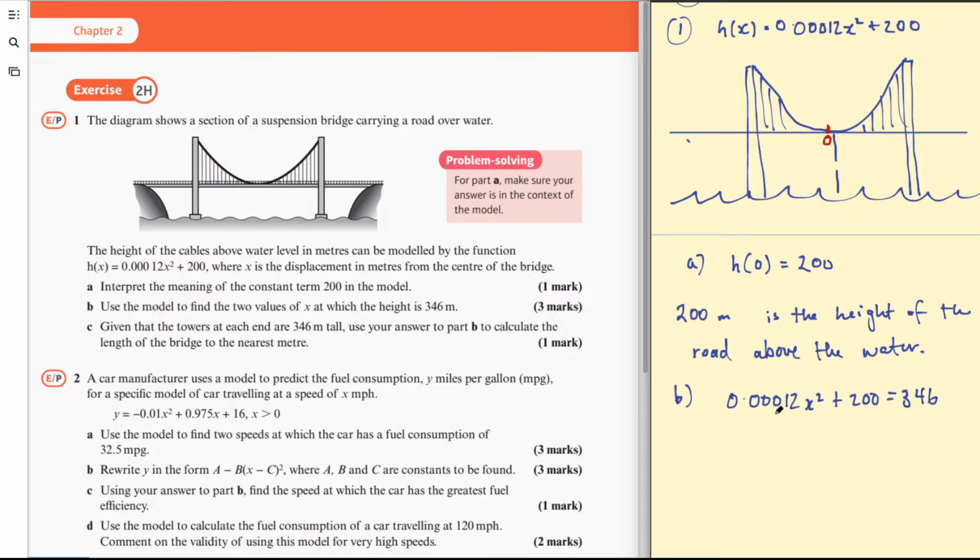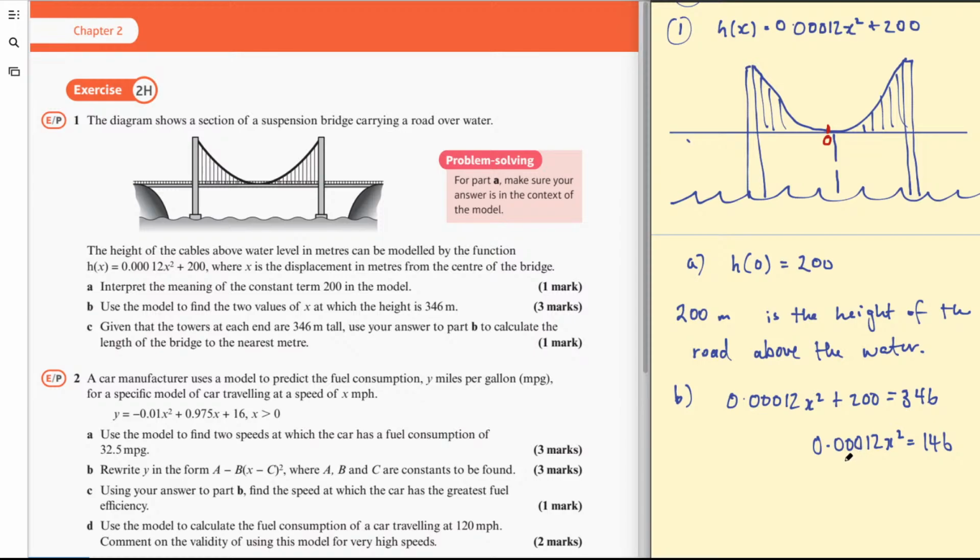So what could we do? If we're solving for X, subtract 200 from the right-hand side. So 0.00012 X squared equals 346. Take 200, that's 146. Then divide it by 0.00012.